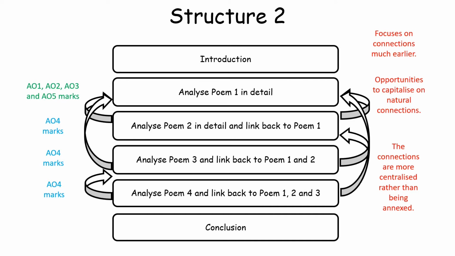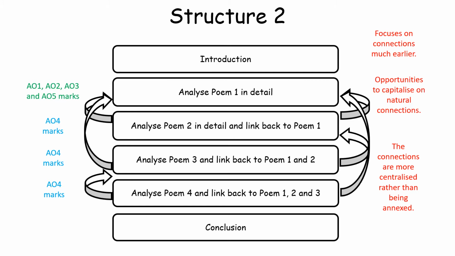It does have opportunities to capitalise on those natural connections as the essay develops, and those connections are much more centralised. You know, those connections actually form part of this essay instead of being stuck on at the end. They're not being annexed, are they?